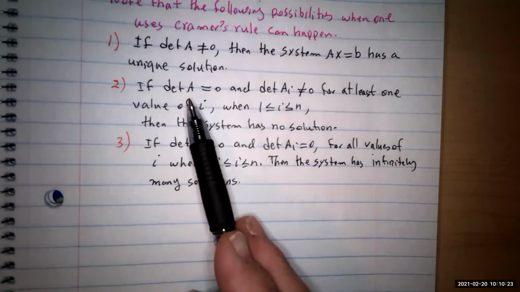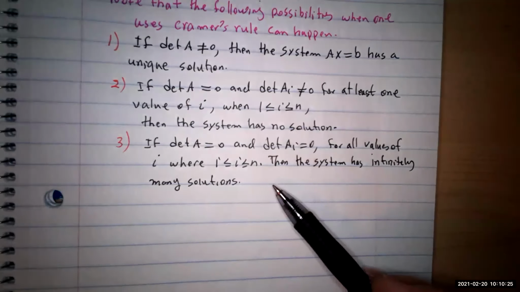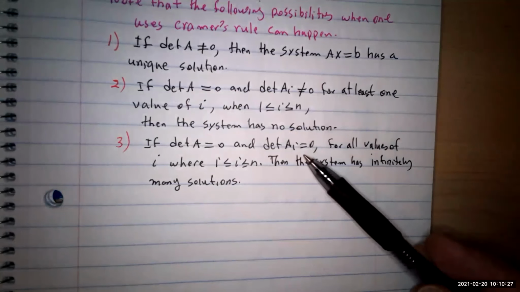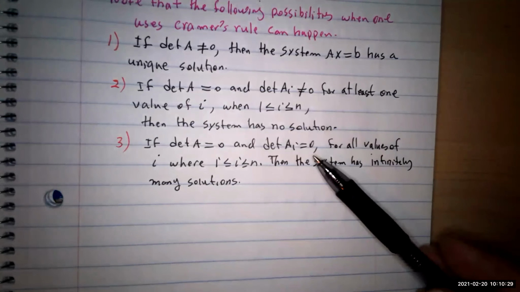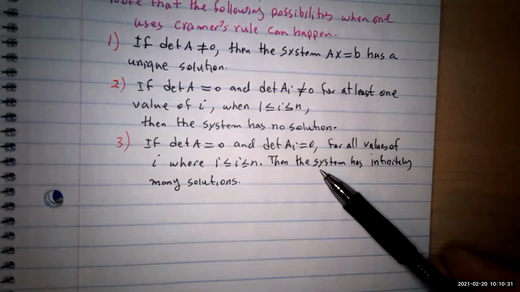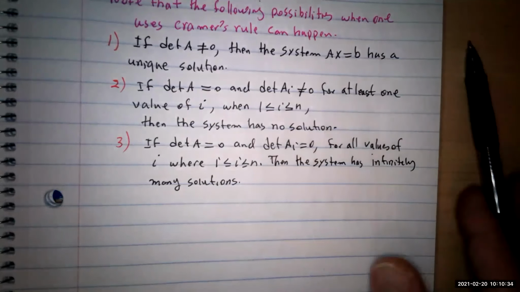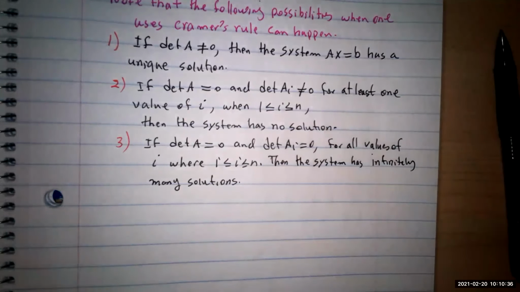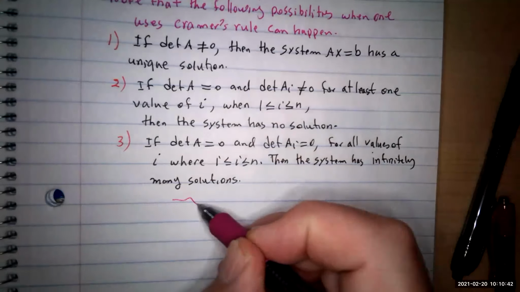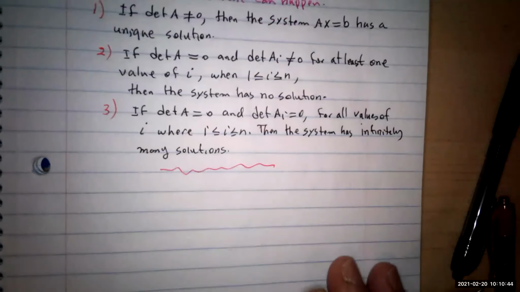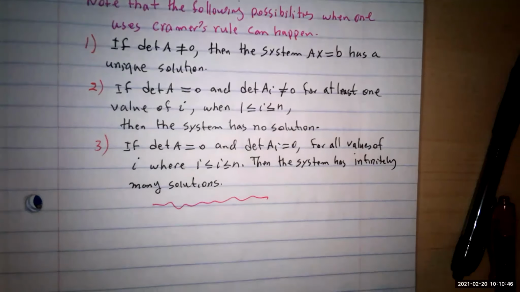No. You have to continue to see which one it is: no solution, or infinitely many solutions. So be careful when you use Cramer's rule. You may see it when you go through those problems. This is going to be one problem, one application.